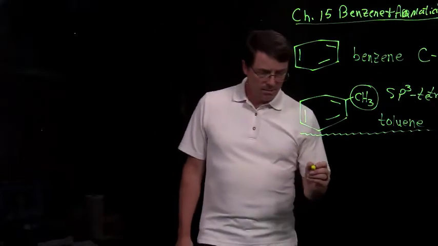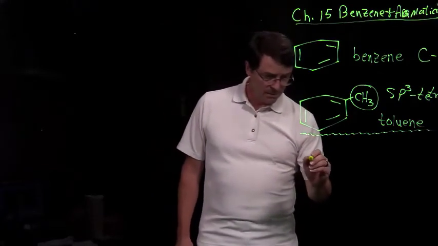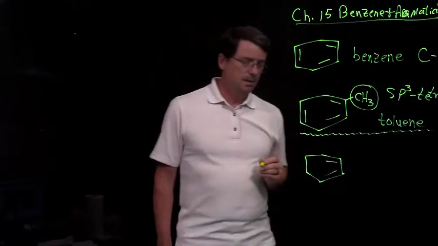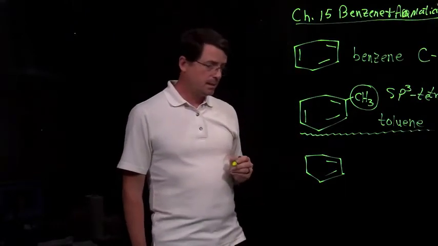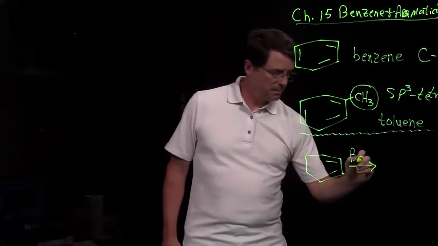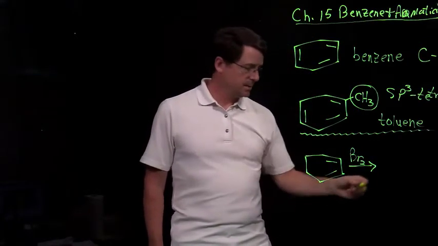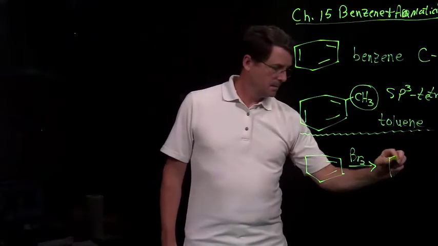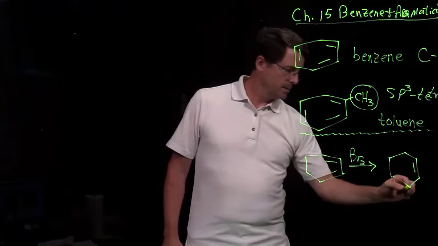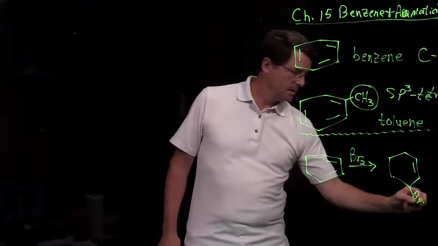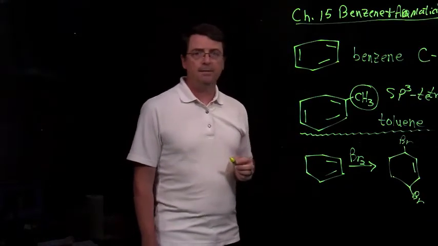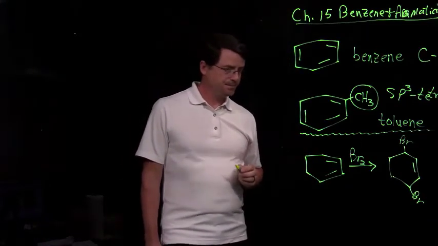One of the other big important differences, for instance, we learned in the last chapter that if we take cyclohexadiene, we can treat it with Br2, and of course it reacts and it produces a couple of different products. I'll just depict one. The bromine adds to the double bond, making this dibromide.